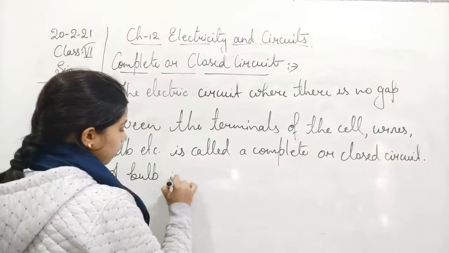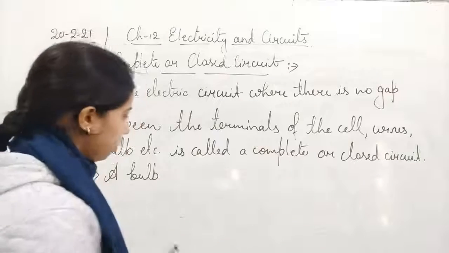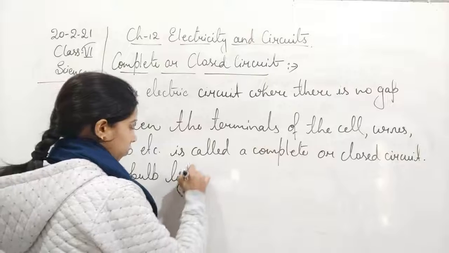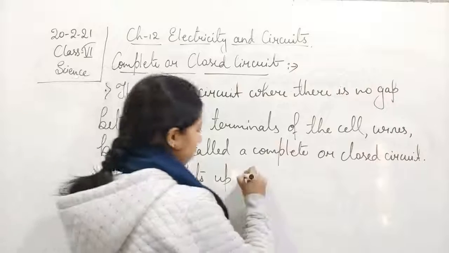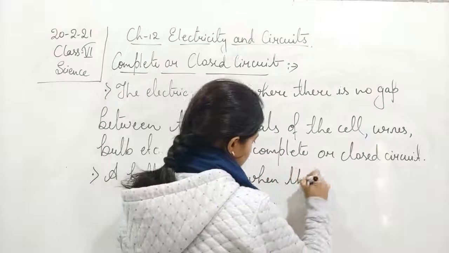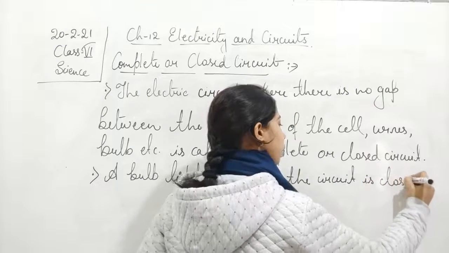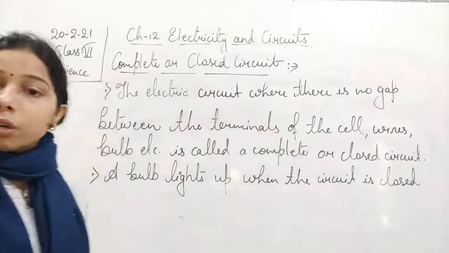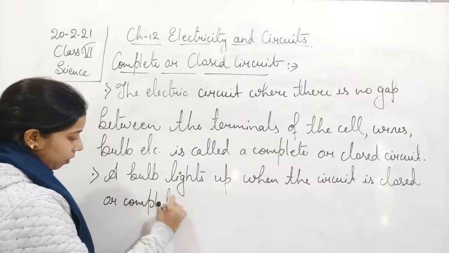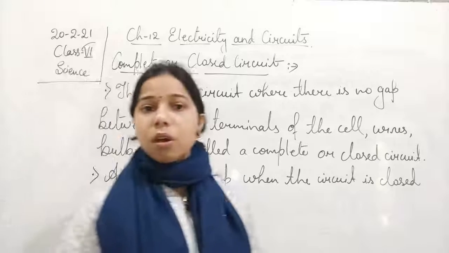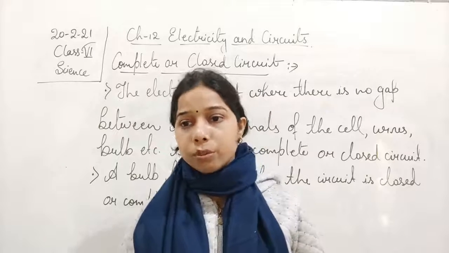So we can write that a bulb lights up when the circuit is closed. When the circuit is closed or complete, at that time we will call it a complete or closed circuit.